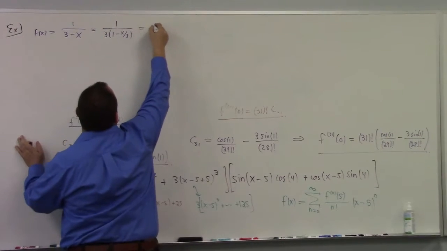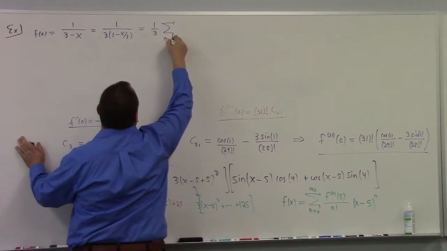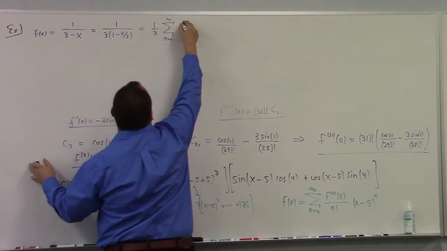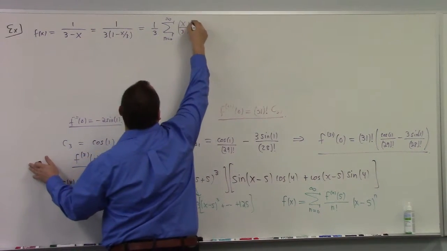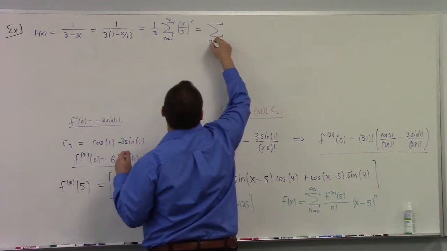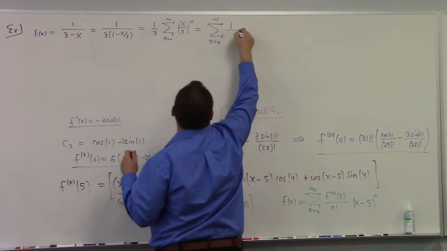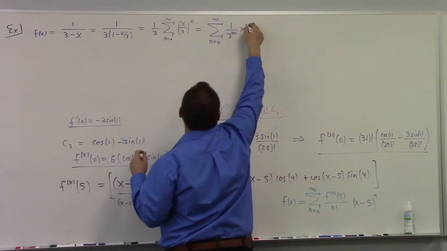And so the Maclaurin series is 1/3 times the sum, n equals 0 to infinity, of x over 3 to the power n. Cleaning it up a bit, this is the sum, n equals 0 to infinity of 1 over 3 to the n plus 1, x to the power n, right?